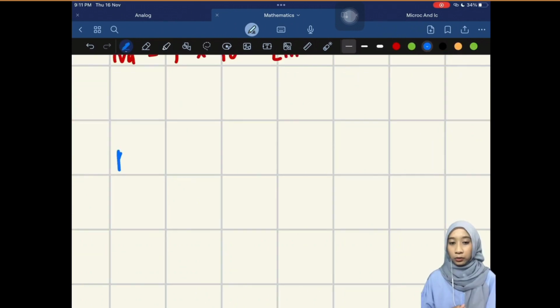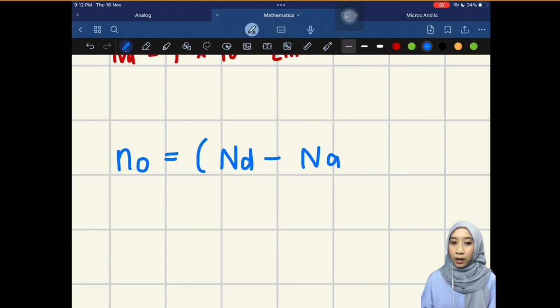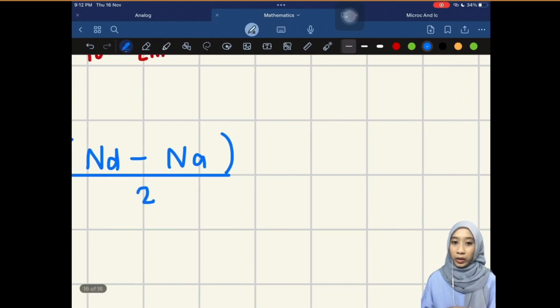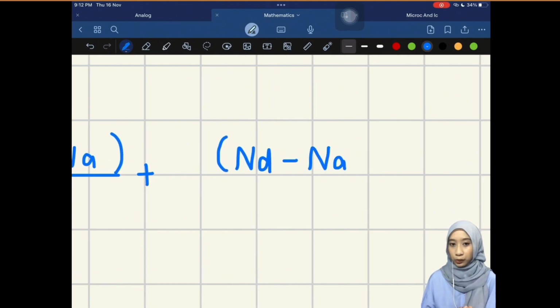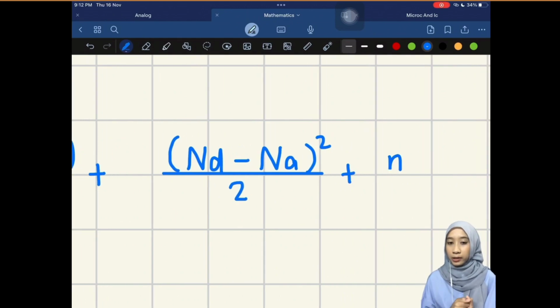Firstly, to find the electron concentration N0, we can use the formula N0 equal to Nd minus Na divided by 2, plus the square root of (Nd minus Na divided by 2) squared plus Ni squared, which is the intrinsic carrier concentration squared.